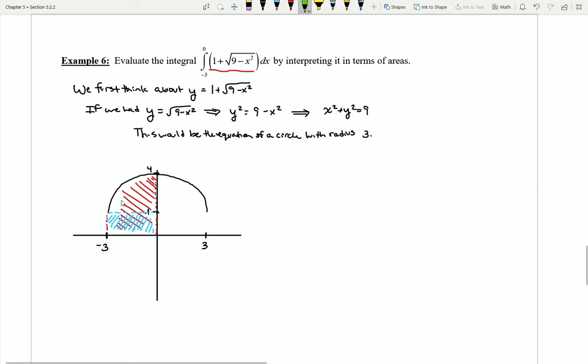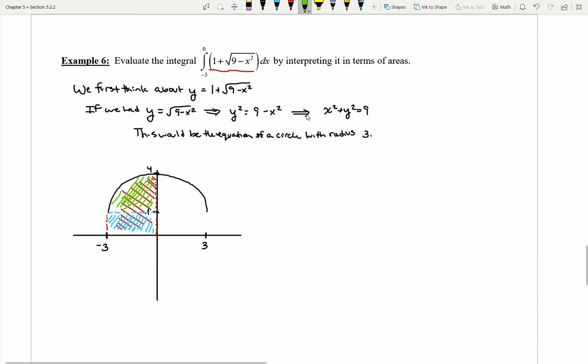I could also see that up here, what I have is just a portion of a circle, technically a quarter of a circle, right? Not a full circle, just a quarter of it. And so maybe I could find this green area and this blue area, and I could add them together to make the red area.